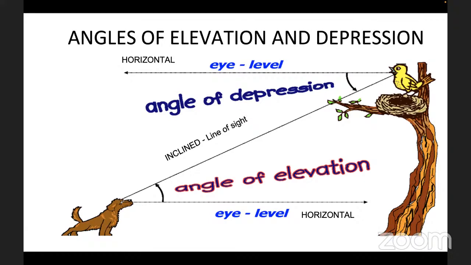You have the horizontal, which is the same as the eye level, and an angle of elevation is formed. Now we're focusing on the bird. The horizontal or eye level is the horizontal line. When the bird looks down on the dog, the line of sight is to the dog, and you have an angle of depression formed.